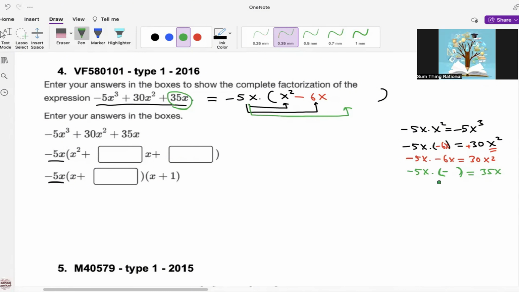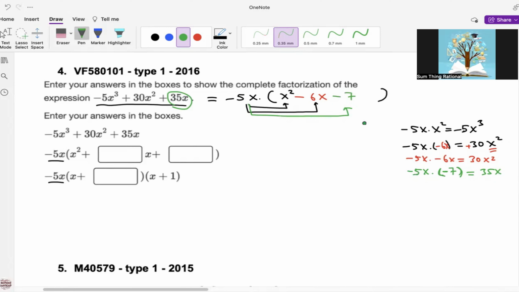What makes 35 when you multiply with 5? 7, yeah? So negative 5x and negative 7 multiplication is positive 35x. The x is there already, so I should not put x here, otherwise it will be x squared. So negative 7 is alone there.